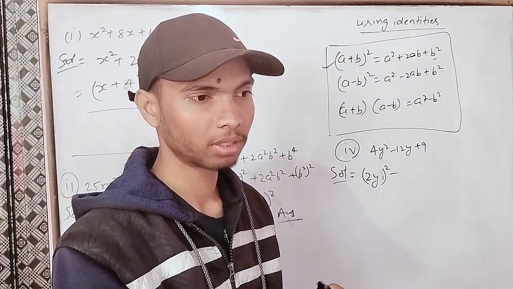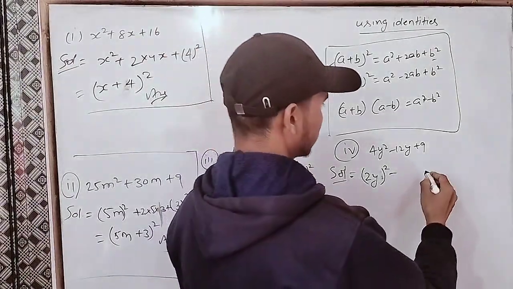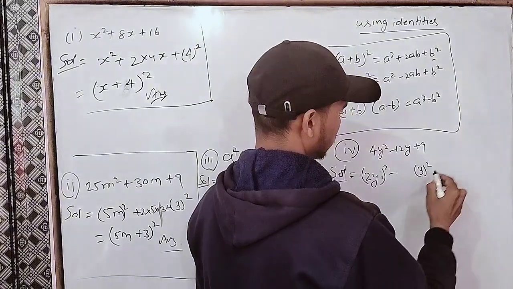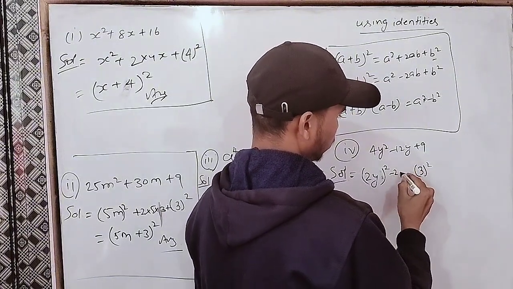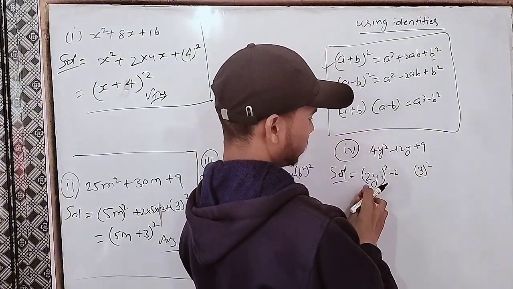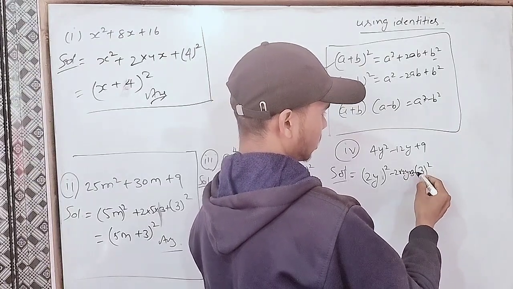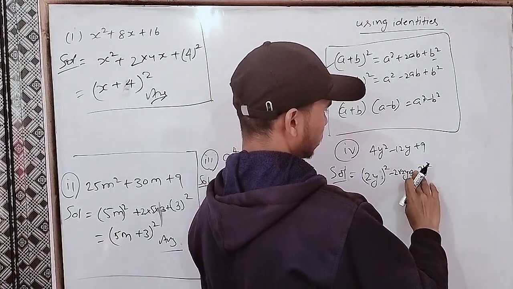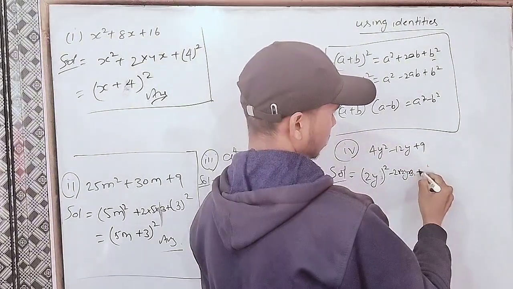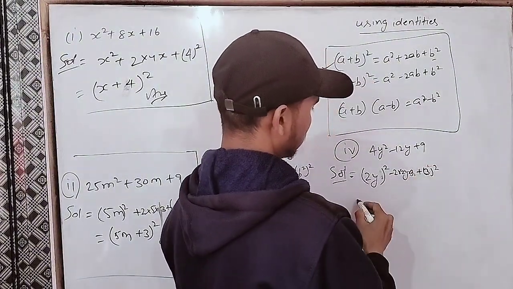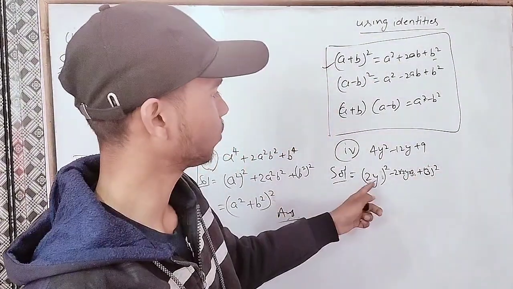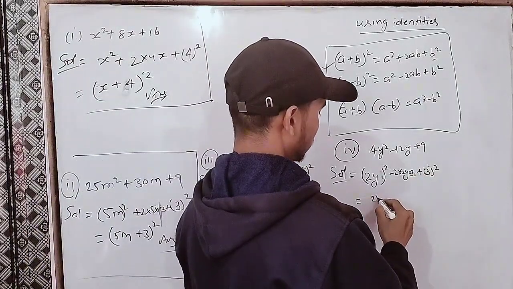Base should be the same, 3 multiplied by 3. Then we have 2, 2, and A is 2y and B is 3. Then we have subtract. Clear, brother? So A is 2y and B is 3.